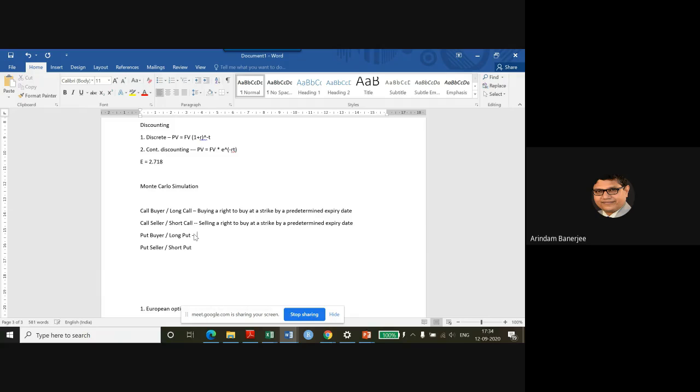A put buyer is buying a right to sell, and a put seller is selling a right to sell.